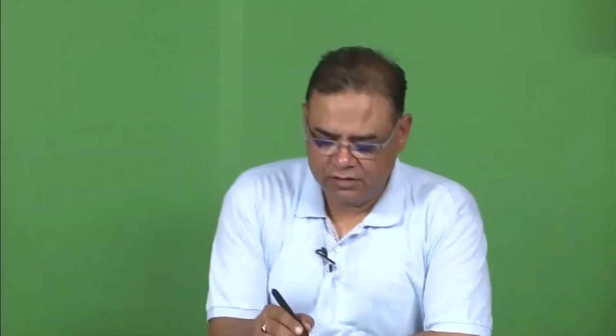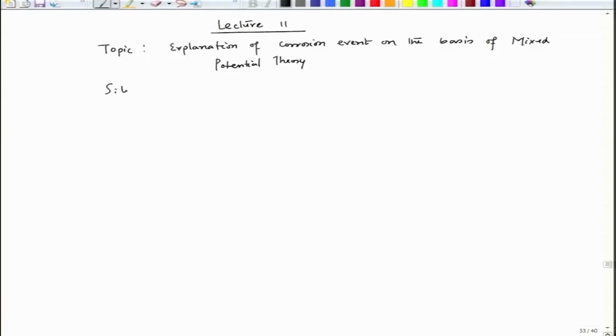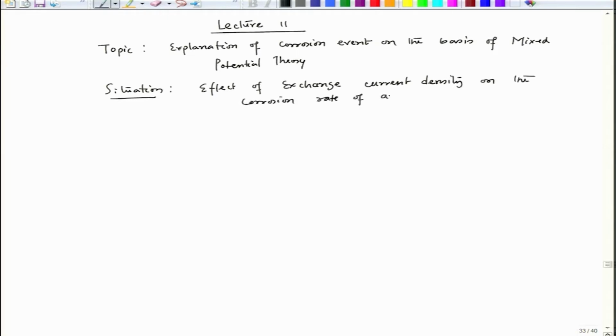So, here we will consider the effect of exchange current density on the corrosion rate of an active metal.